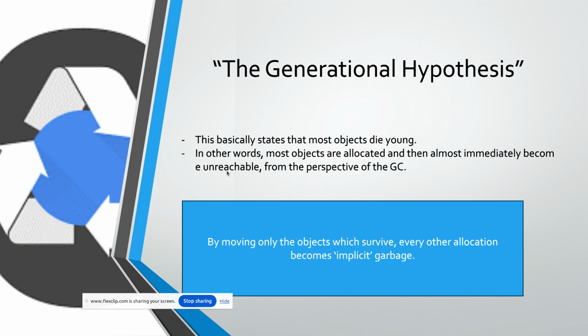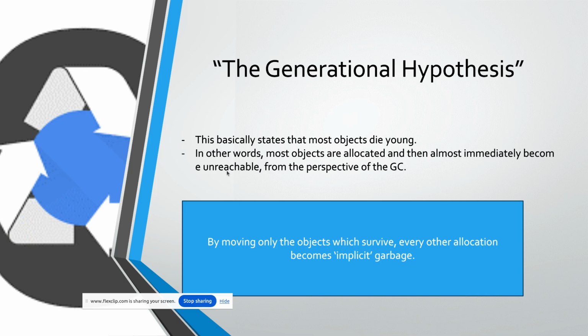So that is also why we focus on the young generation and why we focus on the live objects. I'm pretty sure this is not only about the JavaScript language. It's kind of valid in all dynamic languages.